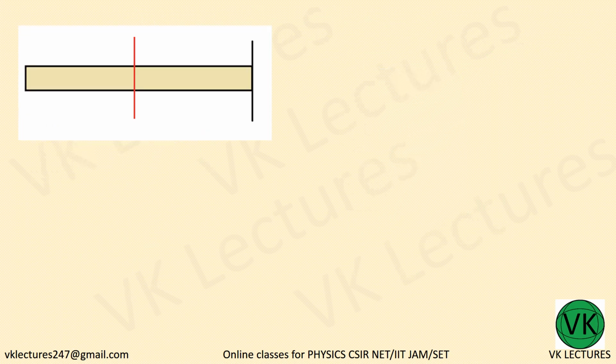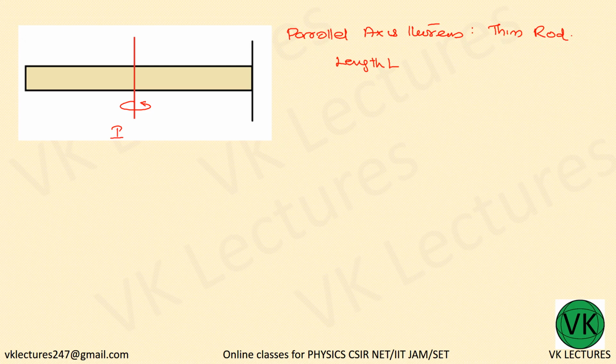And here we are applying the parallel axis theorem to a thin rod of length L. Now this is the moment of inertia along the center of mass, that is the IG, and here we have I parallel, and I parallel, as we know, is equal to IG plus m d squared.